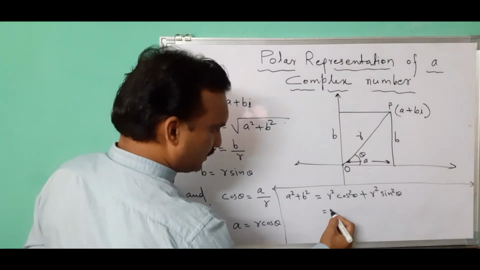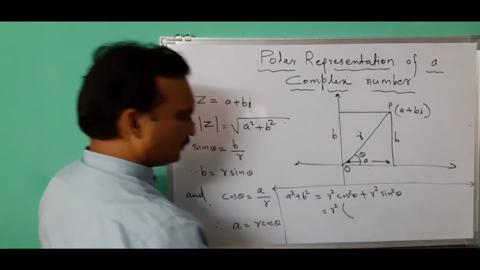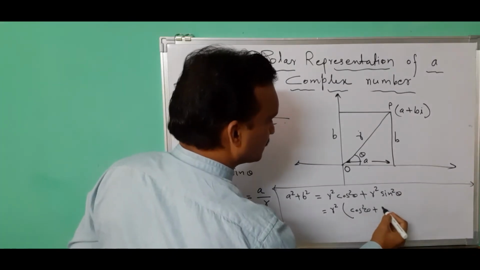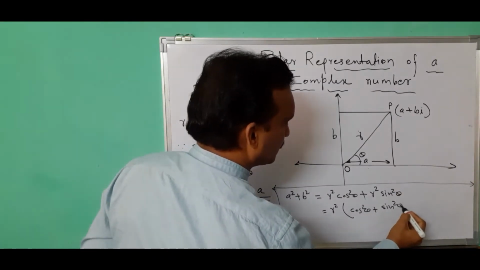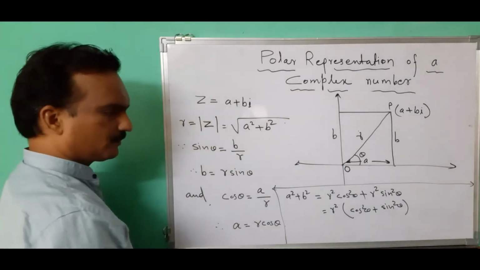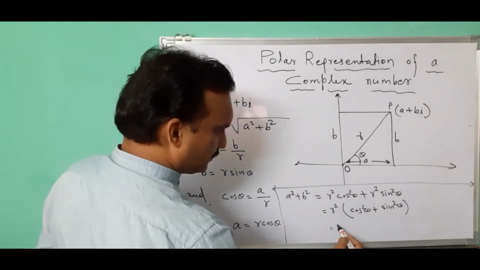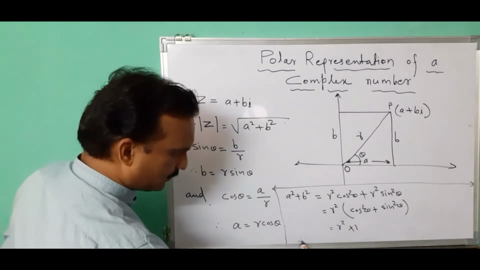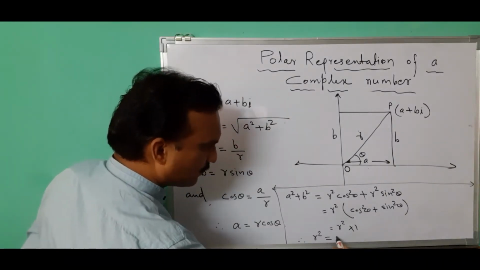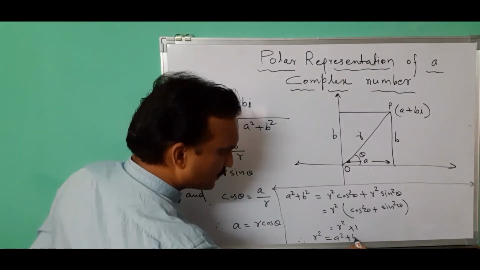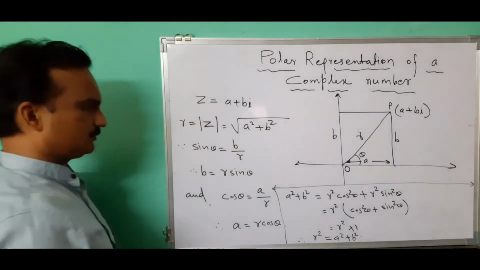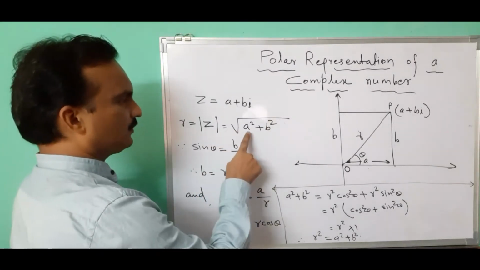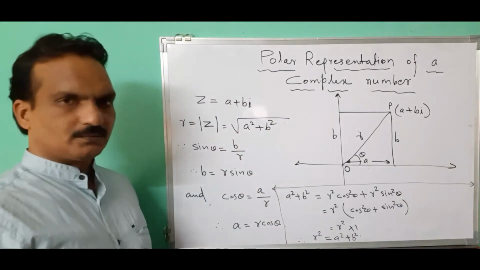So which is equal to r square into cos square theta plus sine square theta, which is equal to r square into 1. Therefore what we got, r square is equal to a square plus b square. Okay, that means r is equal to square root of a square plus b square.